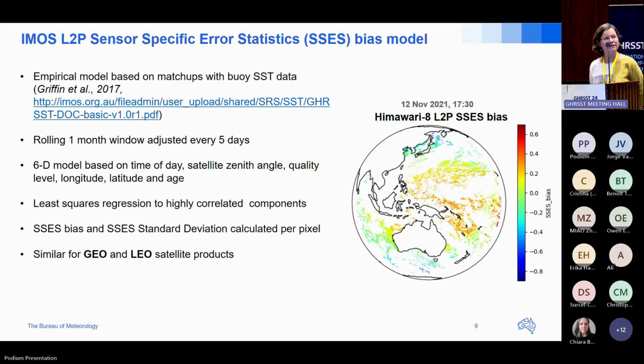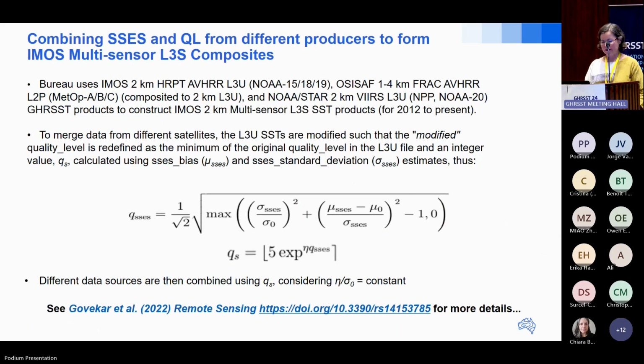The same method is applied to the geostationary satellite data and the polar orbiting satellite data at the Bureau. As Pallavi might have touched on in the last session, SSES are not only useful for users to know the uncertainty in observations, but they can also be used to develop downstream merged multi-sensor SST products, such as the ones that we produce at the Bureau, like the multi-sensor L3S composites.